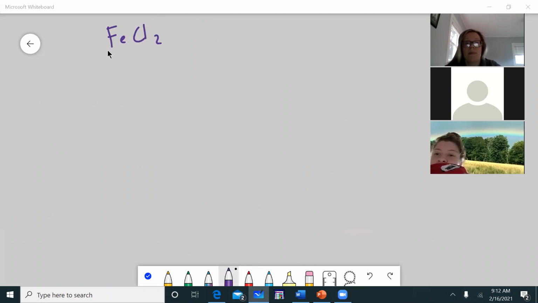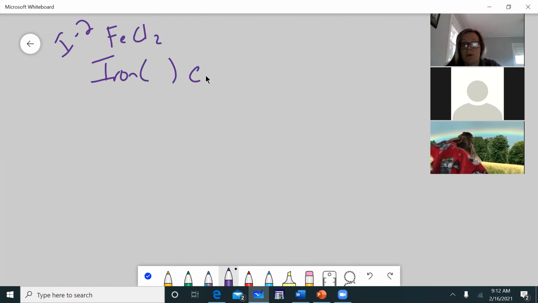First ask yourself, is it ionic? Yes, this is ionic. And I'm going to put a 2 next to it because it's type 2. Type 2 means it has a varying charge. So it's iron. Write that. I know iron has a varying charge, so I'm going to put a parenthesis. And then I'm going to put the second thing, chloride. I just like to get that out of the way.